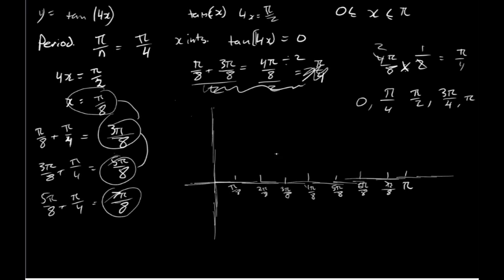So just labeling our diagram, and we've got our x-intercepts, our asymptotes at pi on 8, 3 pi on 8, and 5 pi on 8, and 7 pi on 8. And then we can use our x-intercepts and just draw the shape.